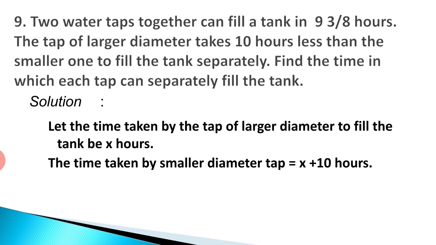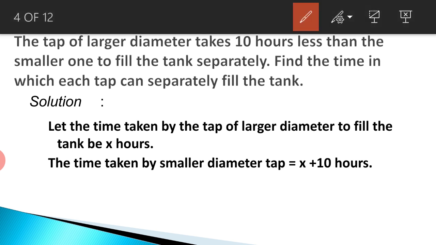It will be 10 less, that is x minus 10. See, here you should understand the difference. x hours is the time taken by the tap of greater diameter. Is it 10 less than the time taken by the smaller diameter tap? Because that is x plus 10.